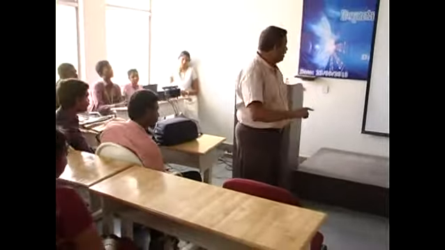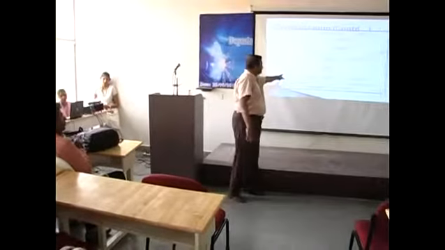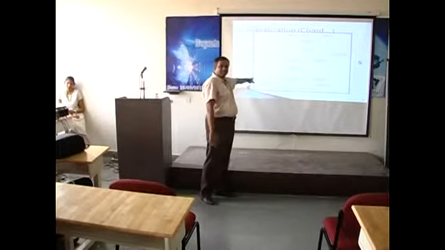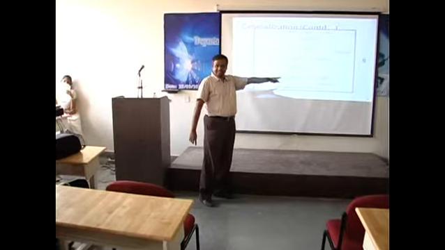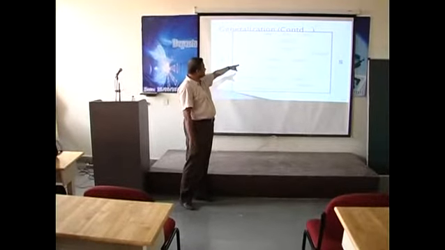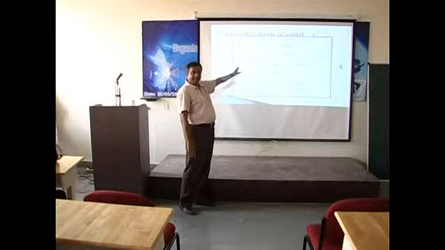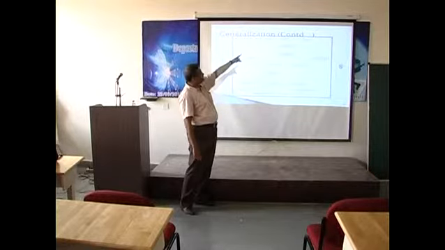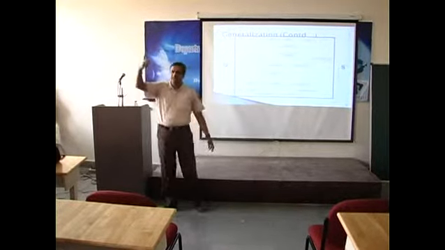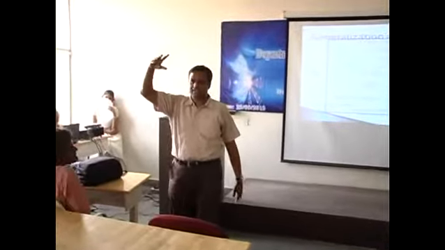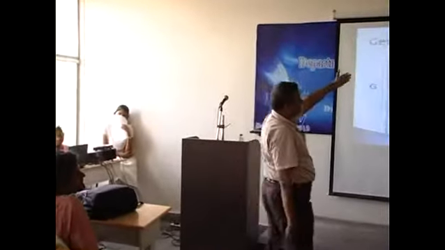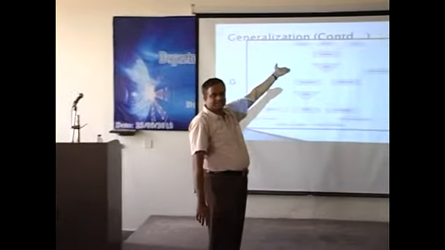At the bottom I have specific instances. These are called specific entities. The generalized one is employee. And remember, this employee is also a person because he is a human being. For the person, we give some name, street, city, where he lives.